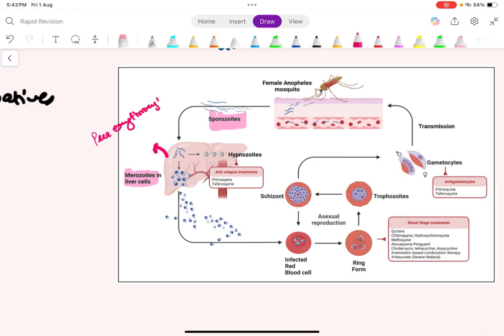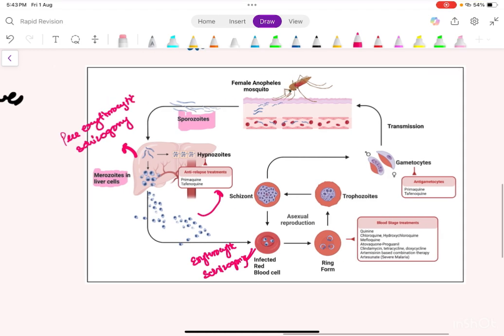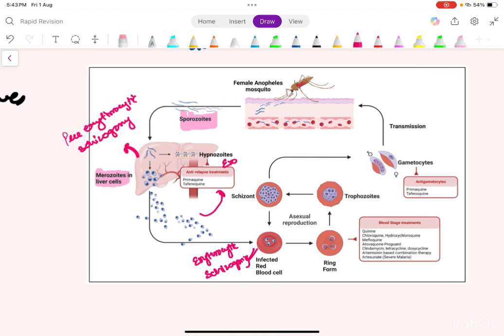So this is our pre-erythrocytic schizogony. Then this goes into the RBC. This is erythrocytic schizogony, and if it goes back to the liver, then it's exoerythrocytic schizogony.